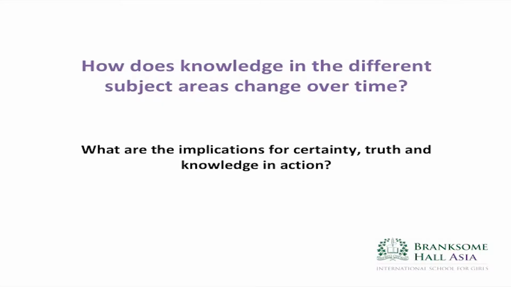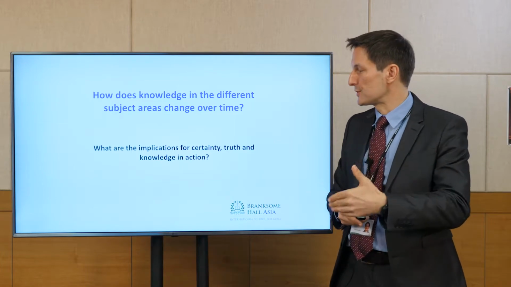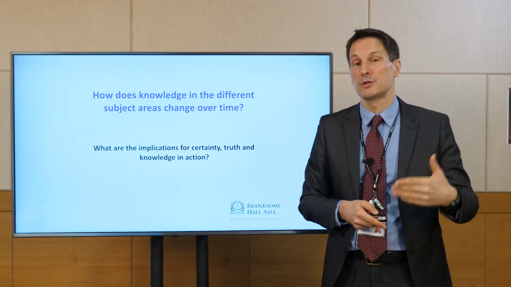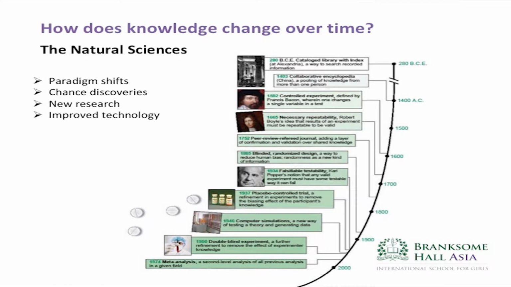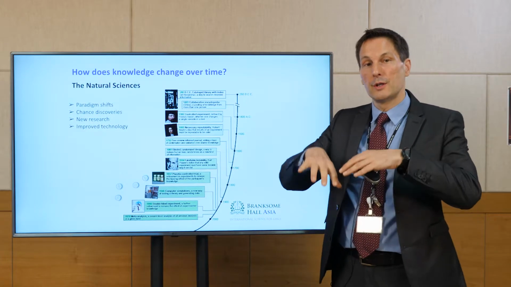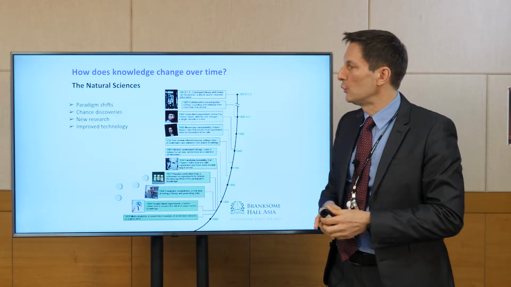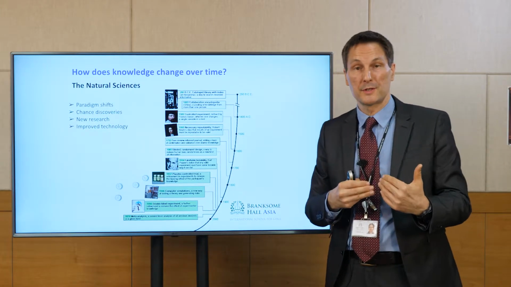So another question we ask with students is, how does knowledge in the different subject areas change over time? And what are the implications for certainty, truth, and also knowledge in action? So for example, we'll talk about the natural sciences and we'll talk about paradigm shifts and how knowledge in the sciences changes gradually over time. We'll talk about how chance discoveries sometimes happen.